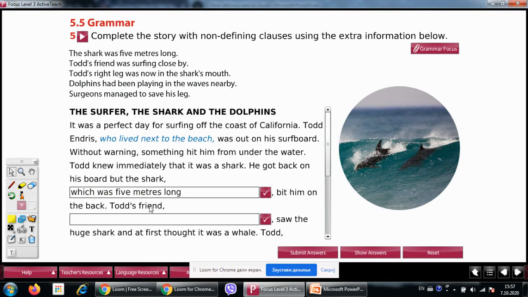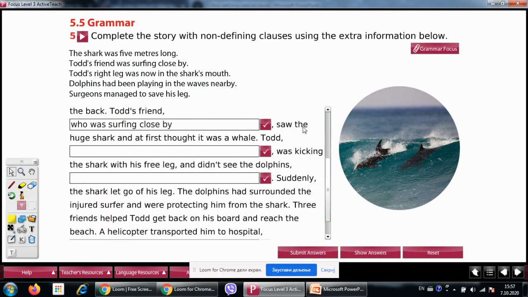Then we have Todd's friend. Todd's friend is a person. And we said for person, we use relative pronoun who, so the answer would be who was surfing close by. Saw the huge shark and at first thought it was a whale.